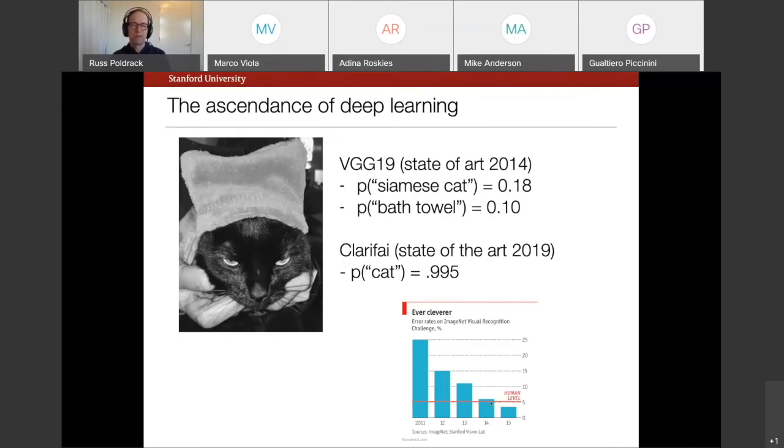Fast forward 5 years, I plugged it into Clarifai, which was state of the art as of about last year, and it says with 99.5% likelihood that there's a cat in the photo, even though Clarifai was almost certainly never trained on any pictures of cats wearing hats, right?